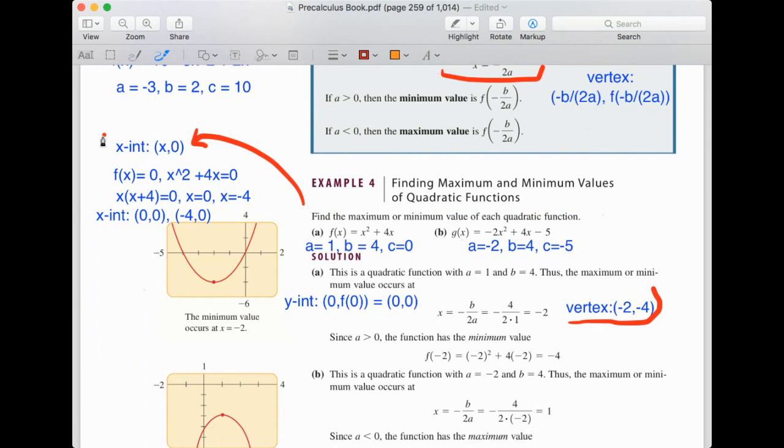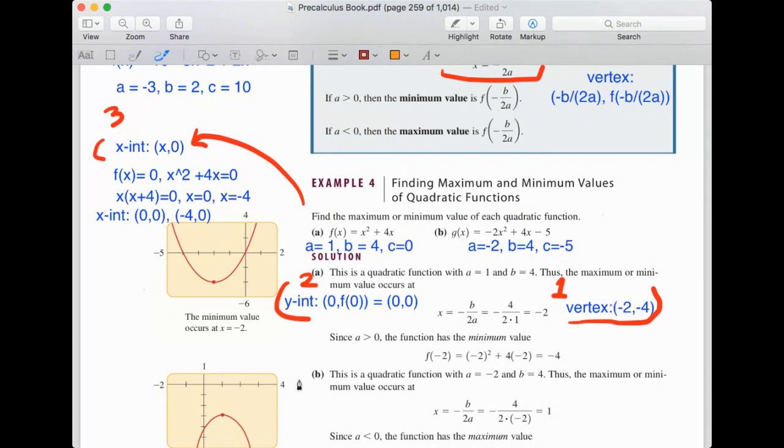And we have x-intercept, we have y-intercept, and we can graph, right? So let's call this 1. Let's call this 2. Let's call this 3. With these three pieces of information, we can graph.